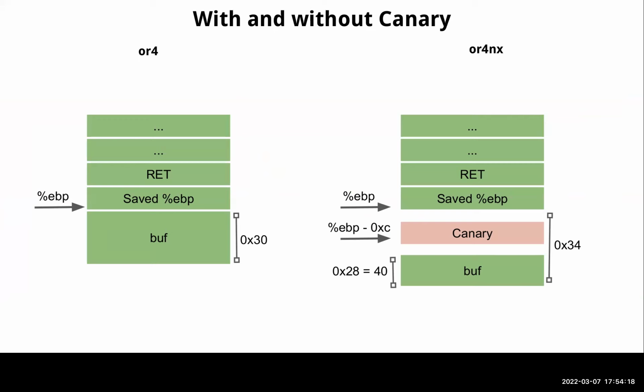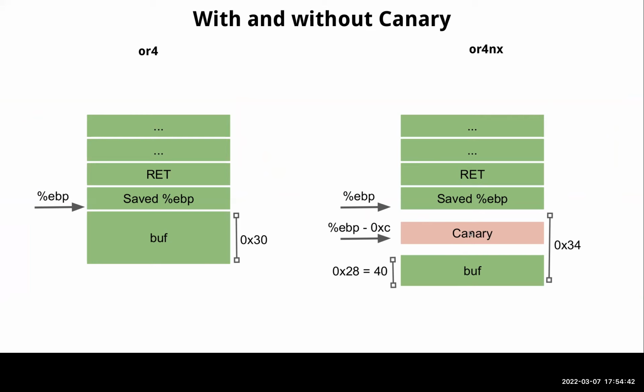Okay, I drew this, but I already explained it to you. Basically, we just insert the canary between the buffer and the saved EBP in our case. Obviously, there could be other approaches. You do not have to insert it here.